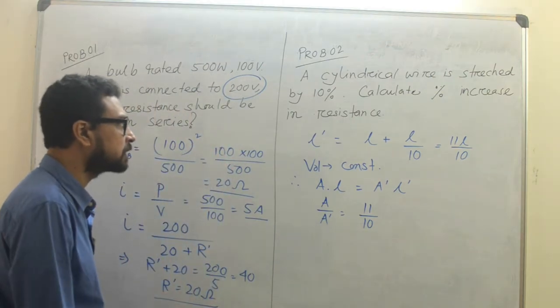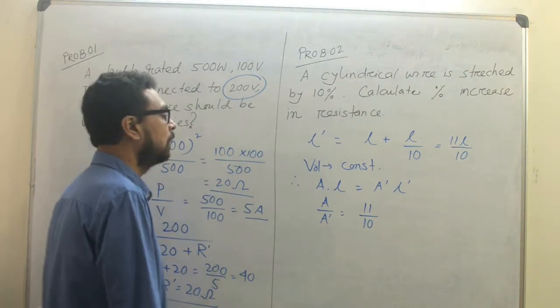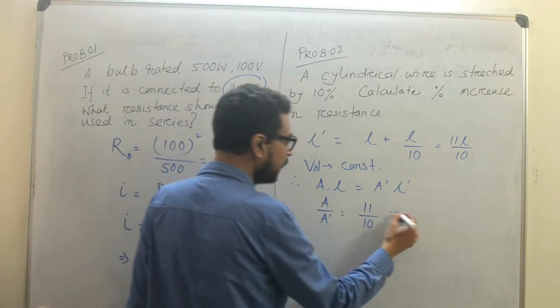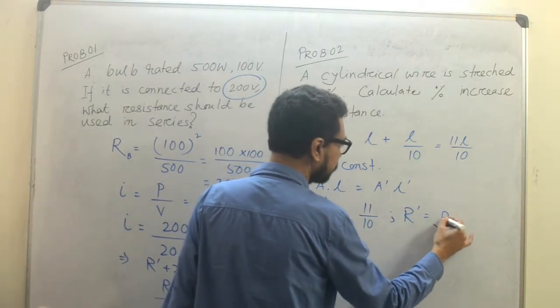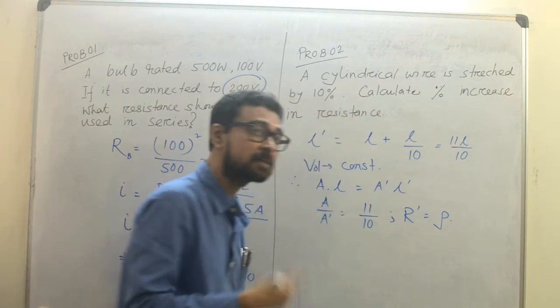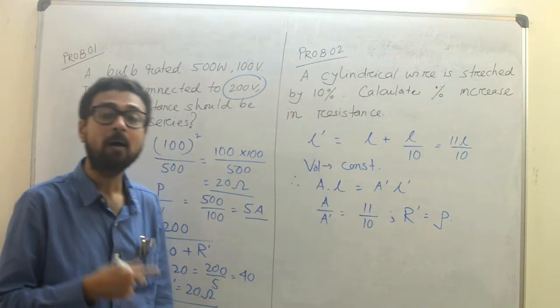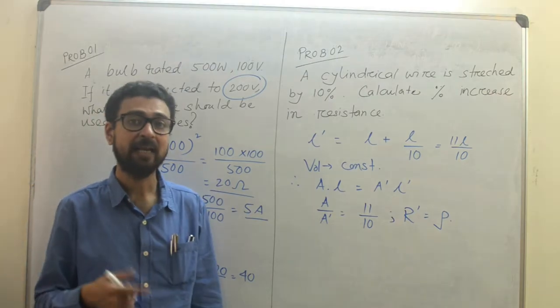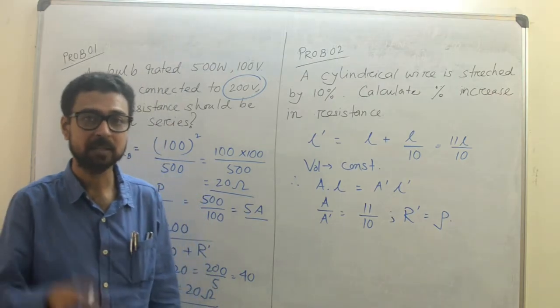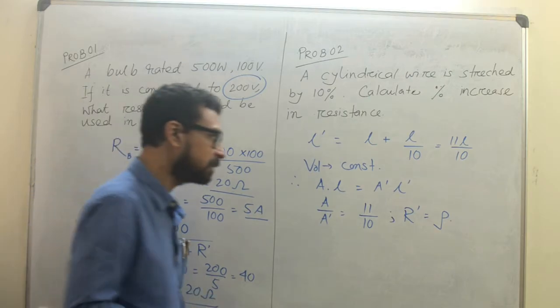Now we have to know the percentage increase in resistance. Here I can say R dash is equal to rho L dash by A dash, and R equals rho L by A. Rho is constant, because resistivity does not change with the increase in length, or increase in area or anything. It does not depend on the change in physical dimension.